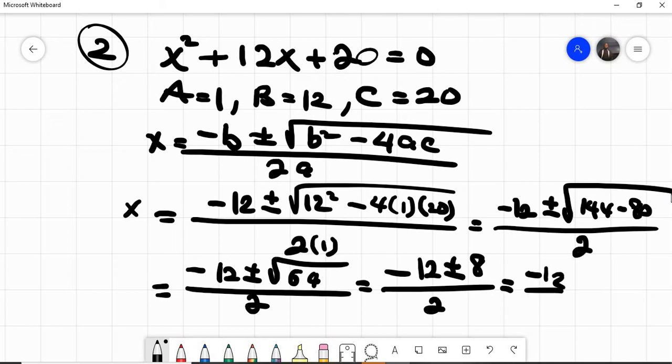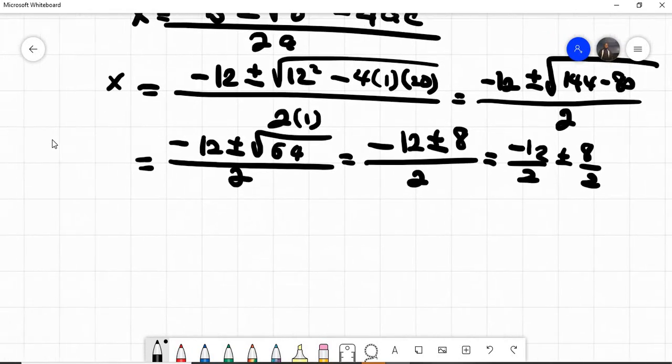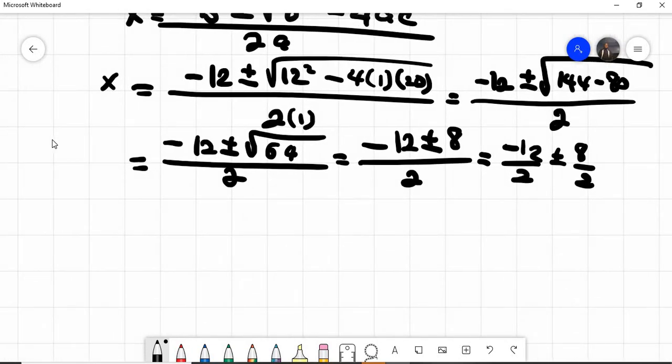Minus 12 divided by 2 plus or minus 8 divided by 2. So this one will give us negative 6, plus or minus 4.